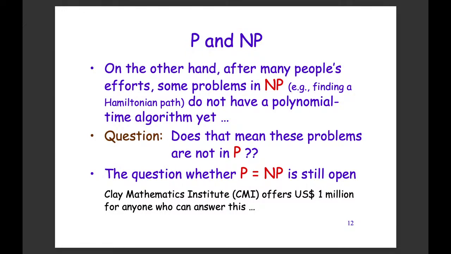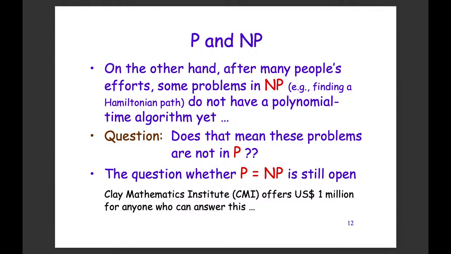So nobody knows how to solve them in polynomial time yet. So for instance, checking whether a graph has a Hamiltonian path. After so many years, nobody knows whether we have a polynomial time algorithm to solve this. Only we know that it is polynomial time verifiable.